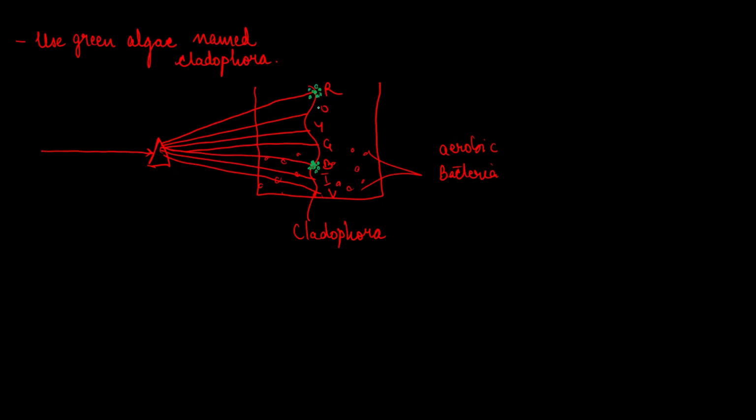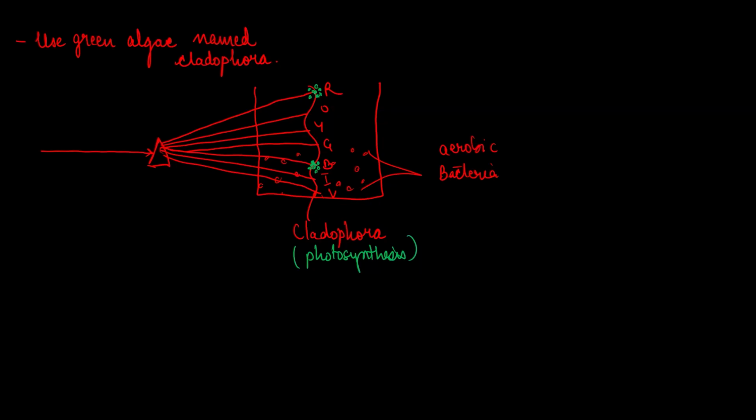When light reaches the Cladophora, which is a green alga, it does photosynthesis, which causes the release of oxygen. Where there is a high amount of oxygen, the aerobic bacteria accumulate. They found that the bacteria accumulated in the blue region and the red region.